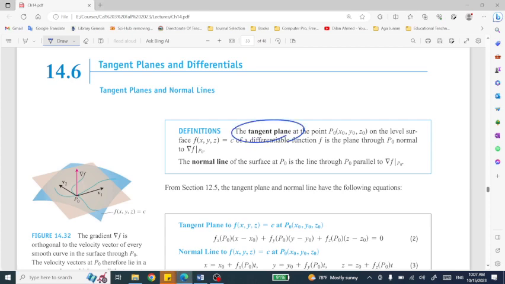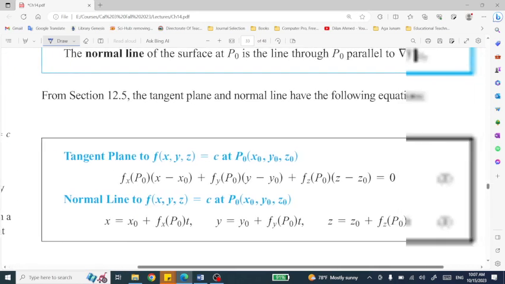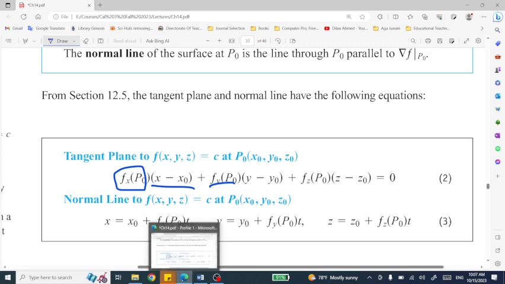Now we have the tangent plane. We have a plane and we have a tangent of the plane. Maybe plane over plane, they just have a tangent for each other. So in that case, our rule will be: fx times (x minus x naught), plus fy times (y minus y naught), plus fz times (z minus z naught), is equal to 0.